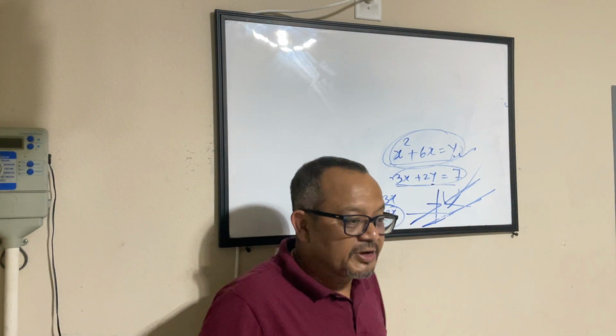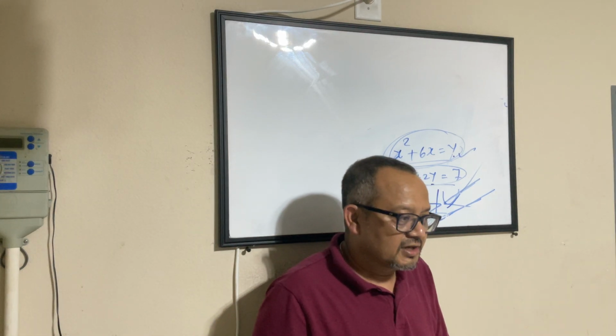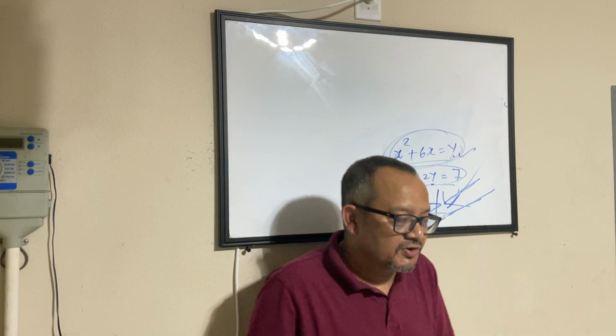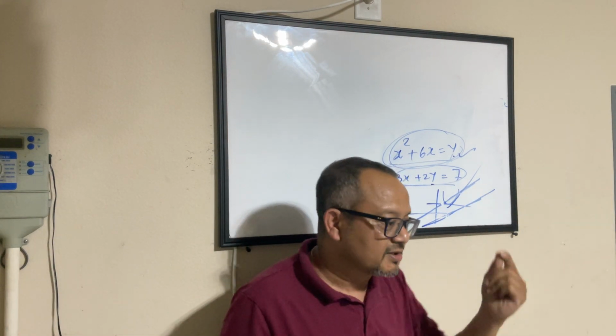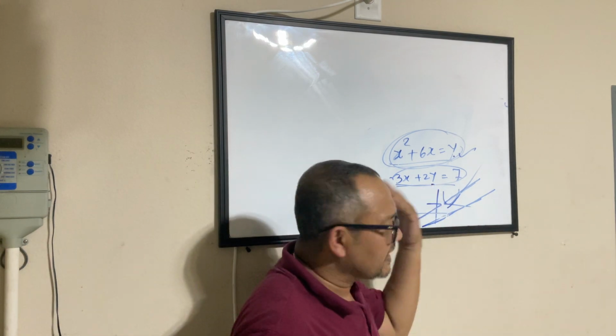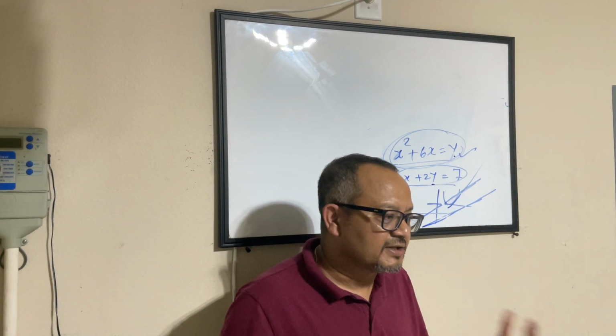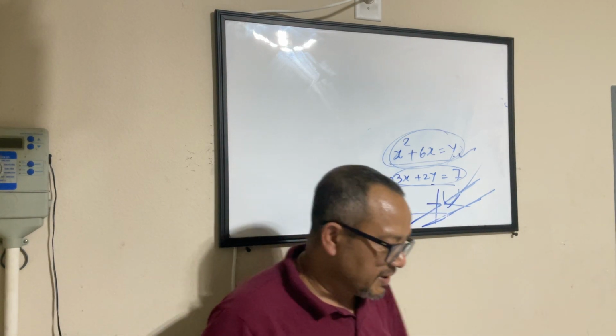So you can pick any of them, be it x, be it y. It's up to us, whichever is convenient for you. Let's assume that this meets at one point. If x is easy for me, I'll go with x. If y is easy for me, I'll go with y. And then solve for it. That will be our approach.